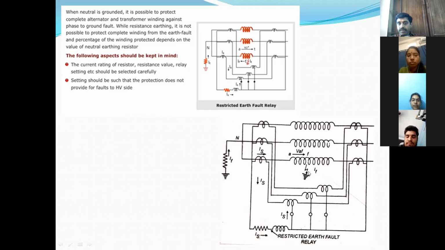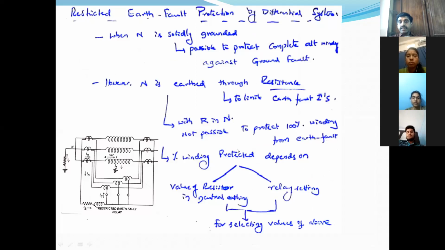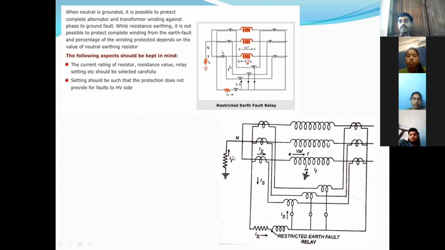So here, when the fault occurs very near to the neutral point, this voltage VAF is very small to drive the fault current. Already a resistance is connected here to limit the fault current. Again, if the fault occurs very near to the neutral, this VAF is less, so the fault current is very less for the relay to respond.